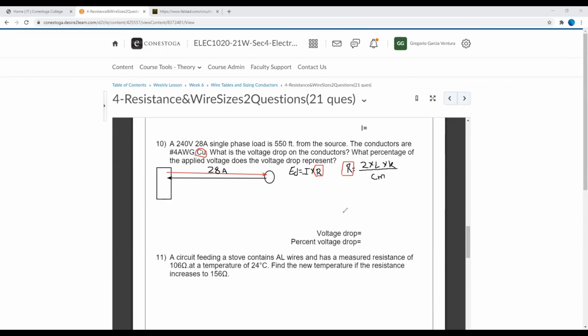If I wanted to find my voltage drop right off the bat, I can substitute my R by this formula. And then the formula is going to look like this.